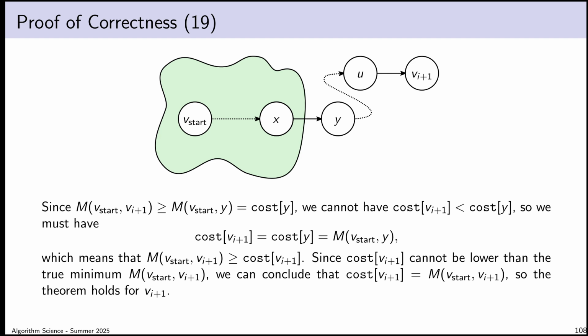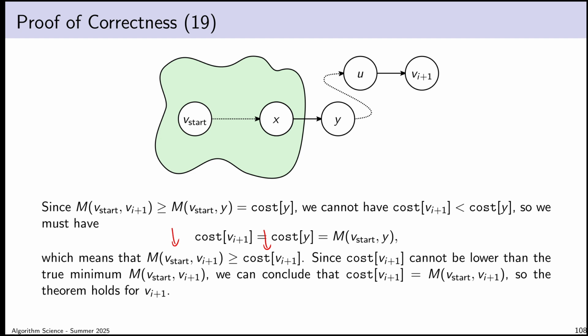Okay, so putting all this stuff together, we take this fact here, and we take this fact here. What we basically get is the property that the true minimum cost of travel to VI plus 1 must be greater than or equal to the cost in the cost array for VI plus 1.